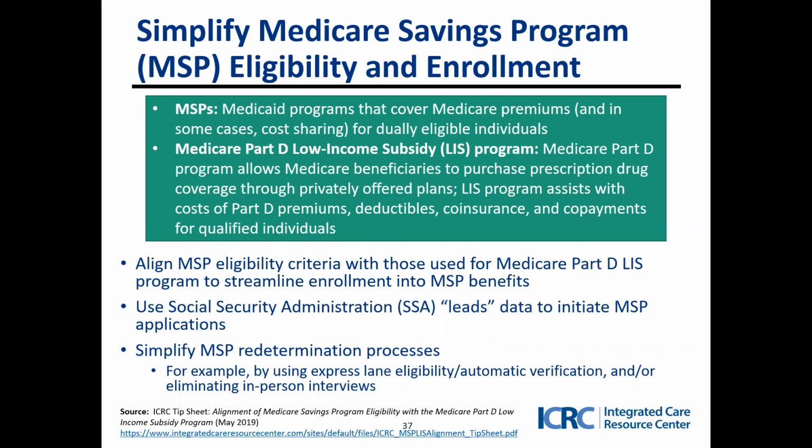Third, states can use the data to pre-populate MSP applications and mail them to beneficiaries who appear to be eligible. Or finally, states can use the data to conduct other types of mail or telephonic outreach to assist beneficiaries with their MSP applications. For more information about aligning MSP eligibility criteria with LIS, see the ICRC tip sheet listed as the source at the very bottom of the slide.